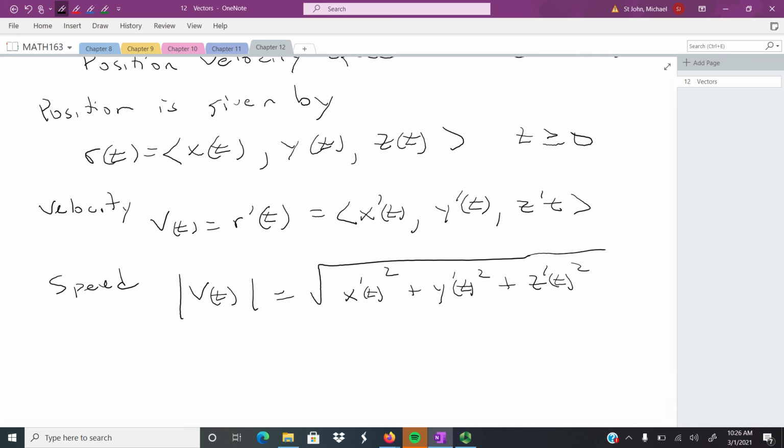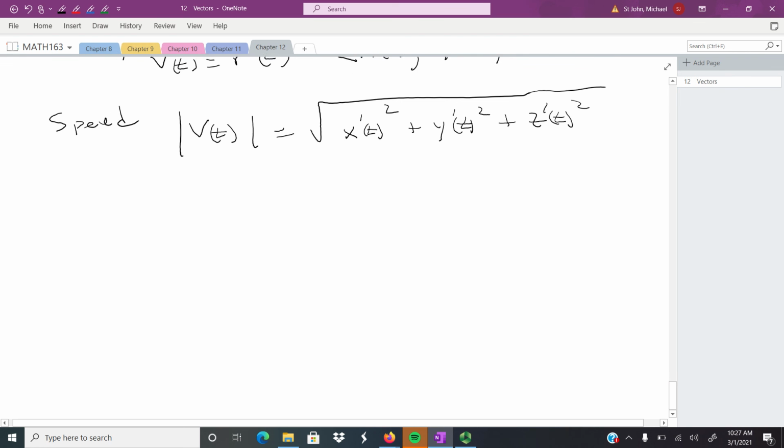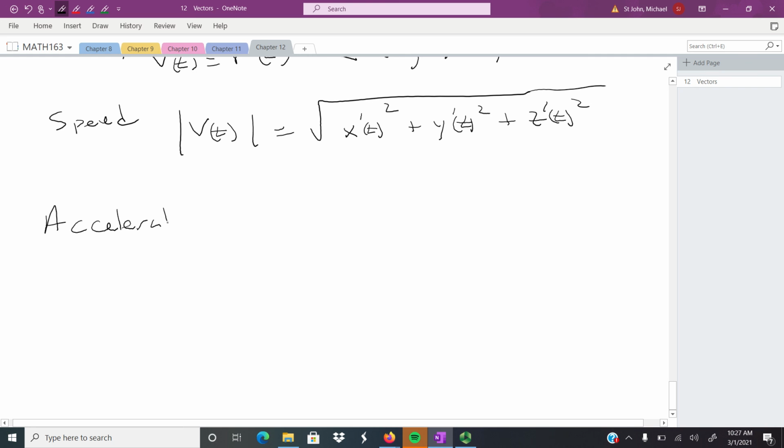So we got position, velocity, and speed, so that leaves acceleration left. And so acceleration, A of t, is the derivative of my velocity, which is the second derivative of my position.